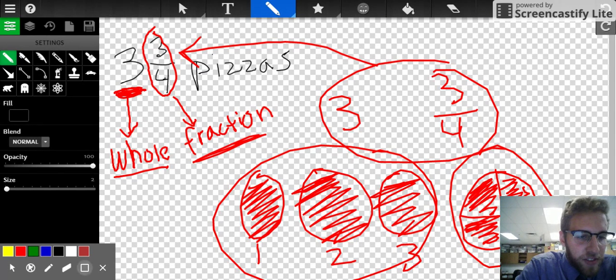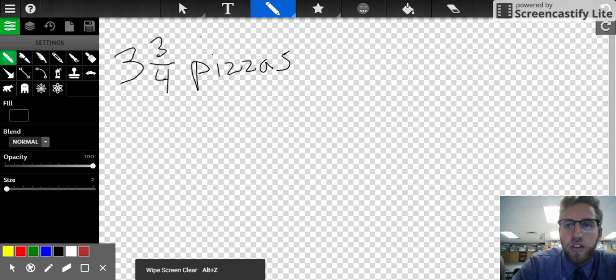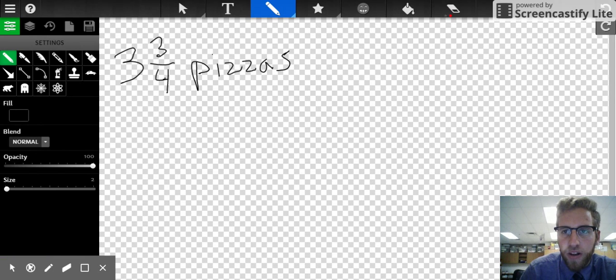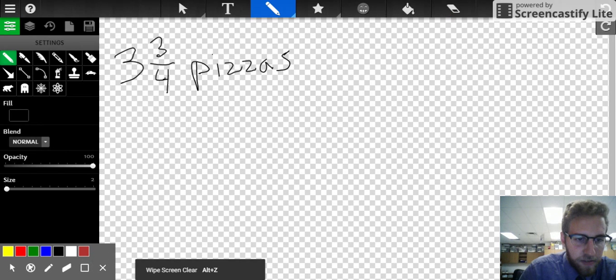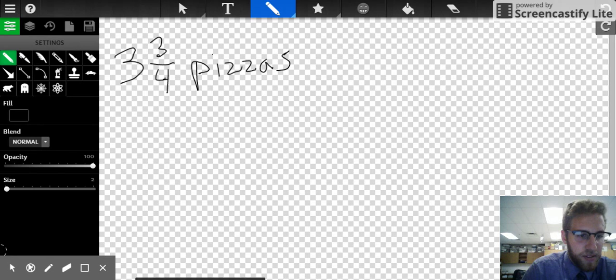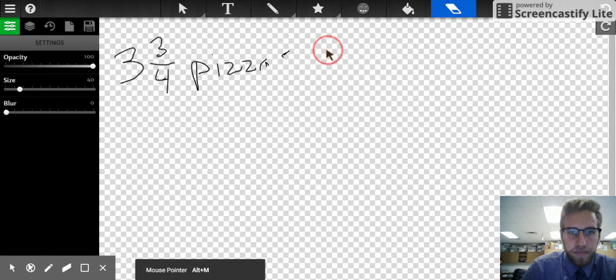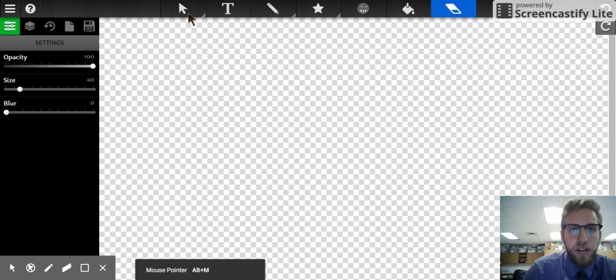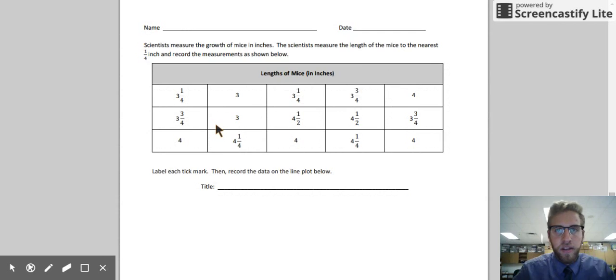But let's now think about these fractions using our actual problem from our homework. Let me erase this first. Hold on 1 second. And let's look at our homework. Flipping over to our homework.